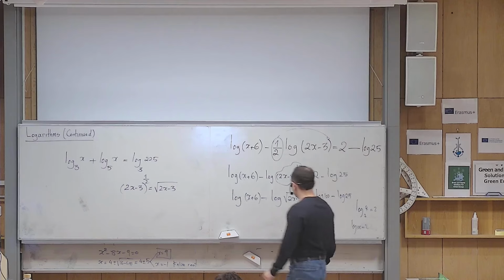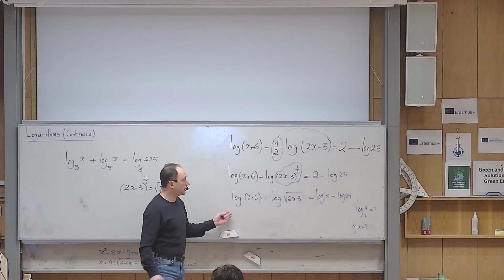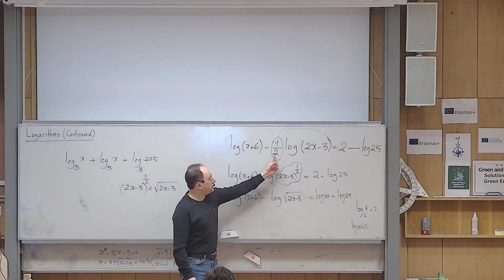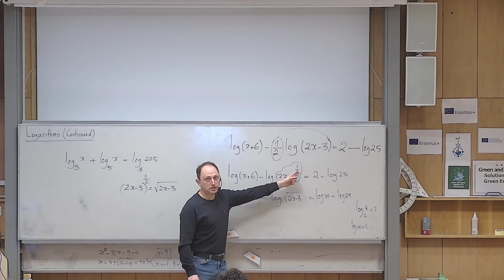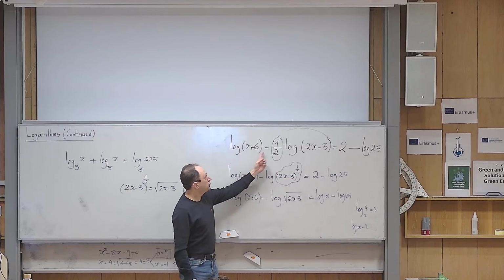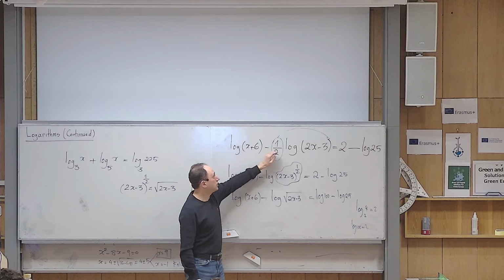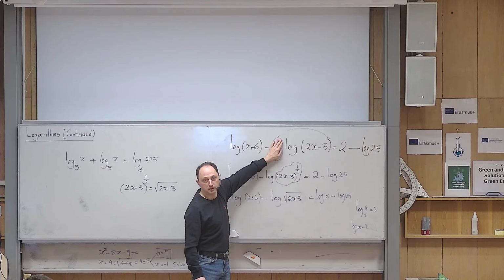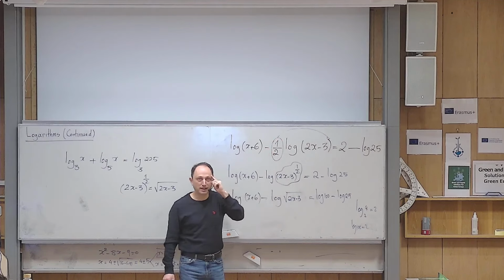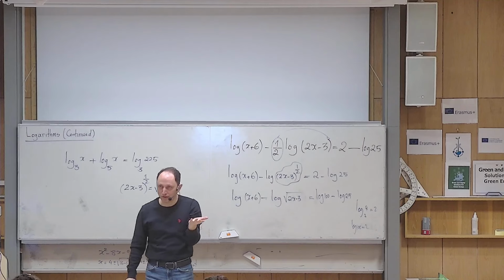Why? Any questions so far? I told you that putting the 1/2 up there is not hard to understand, because I want to use the formula for subtraction, and the formula for subtraction doesn't have this there. When I have it, there is only one natural way to think, which is to get rid of it.